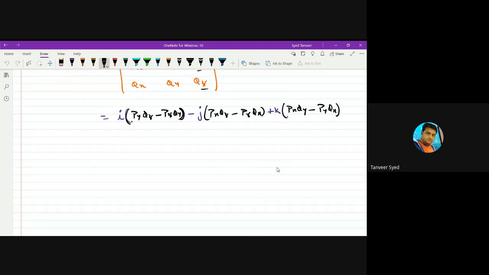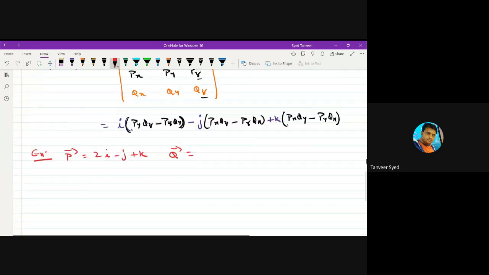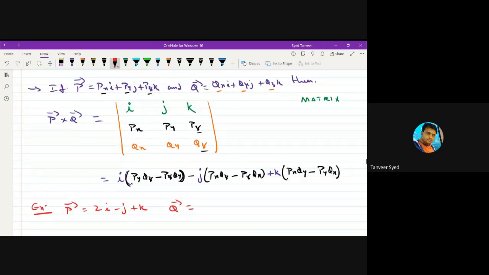No, we will do one example on this so that you get more clarity. This is important. So all of you do this. You have 2 minutes. I am giving vector P as 2i minus j plus k and vector Q as minus 3i plus 2j plus 4k.